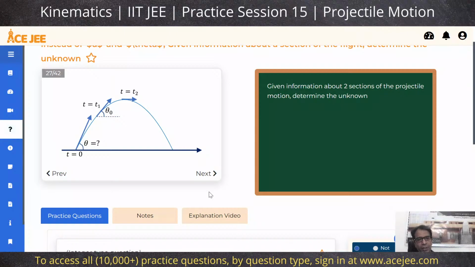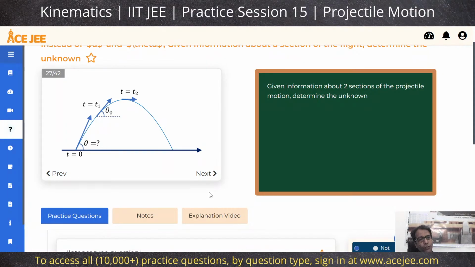For example, you might be given that at time t1, the angle that the velocity vector makes is theta 0, and that at time t equals t2, the velocity vector is pointed in the horizontal direction, as shown in the diagram here. By the way, what does that imply? If the velocity vector becomes horizontal at time t2, that means the projectile has reached its maximum point.